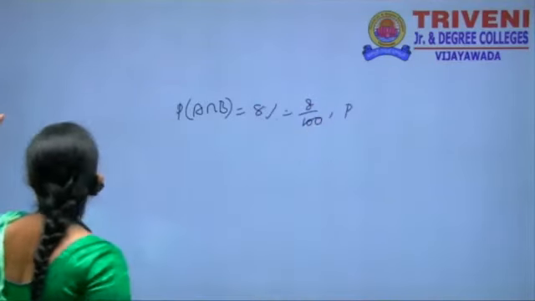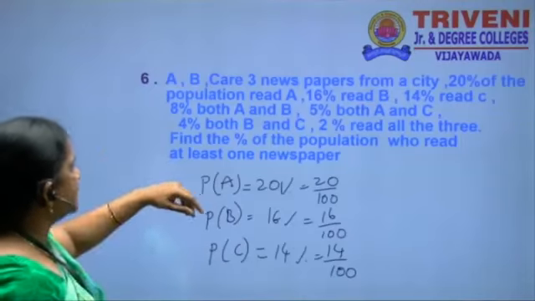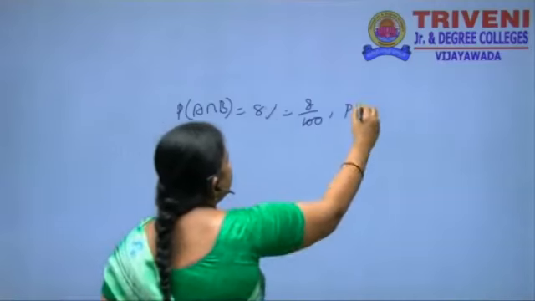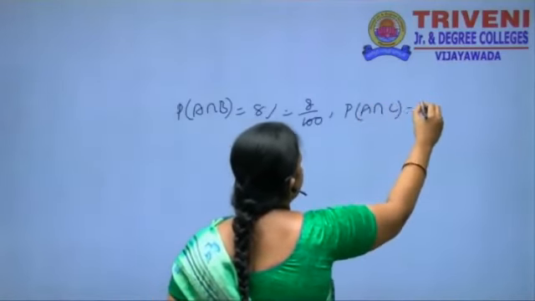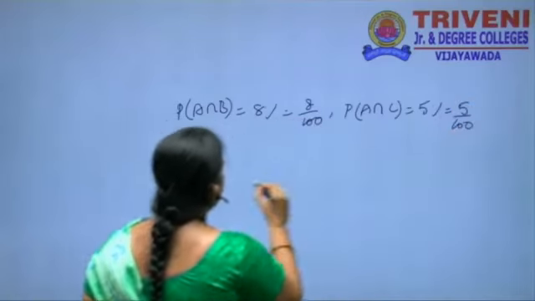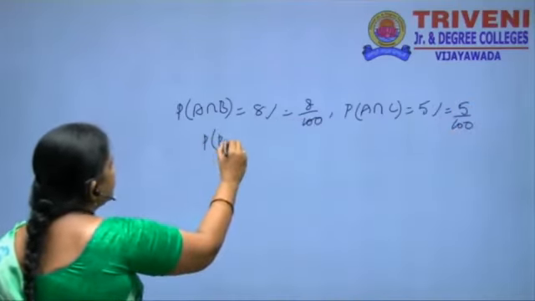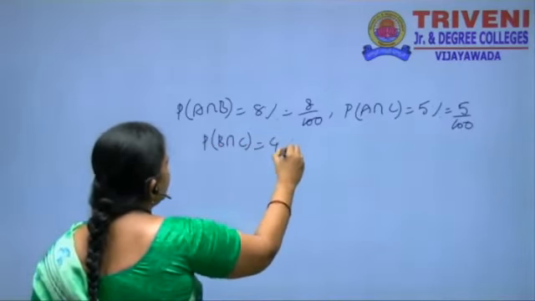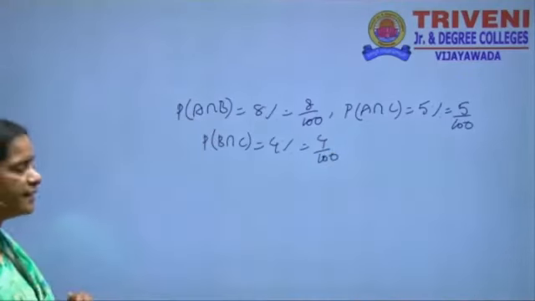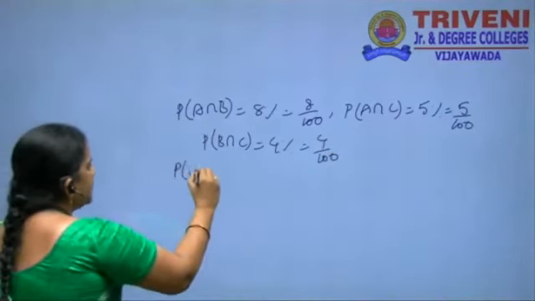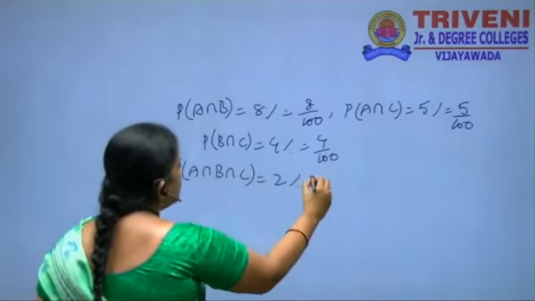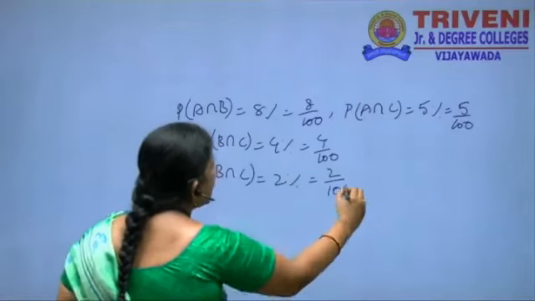Similarly, newspapers A and C is 5%. A and C means A intersection C is 5%, that is equal to 5 by 100, and B intersection C is 4%, that is equal to 4 by 100. All three newspapers, they read in 2%, that is P of A intersection B intersection C is equal to 2%, that is equal to 2 by 100.